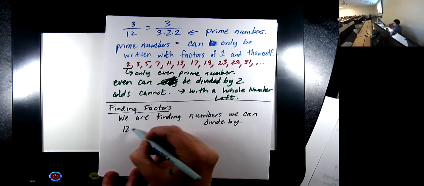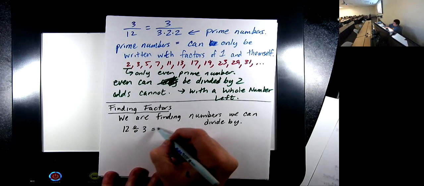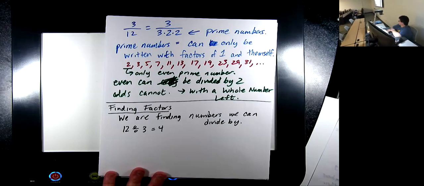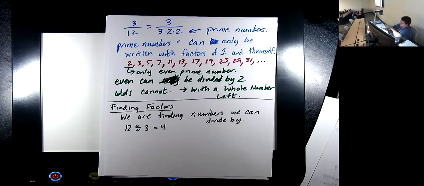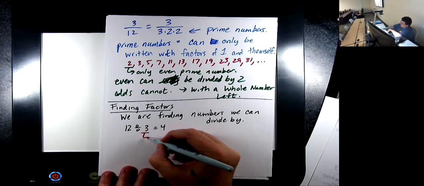I can do 12 divided by 3 equals 4, which means these two are factors of 12.